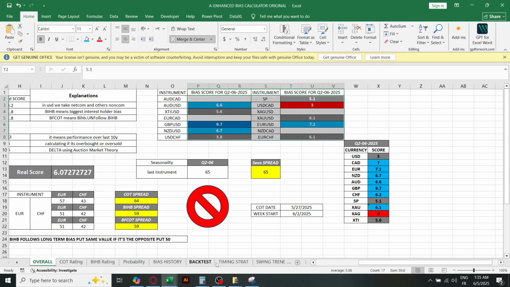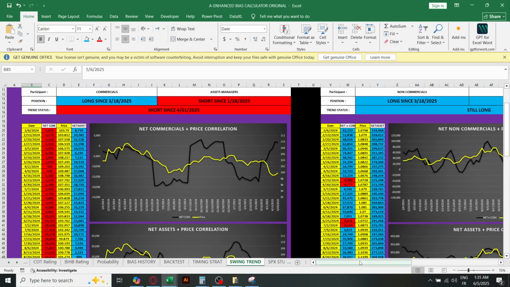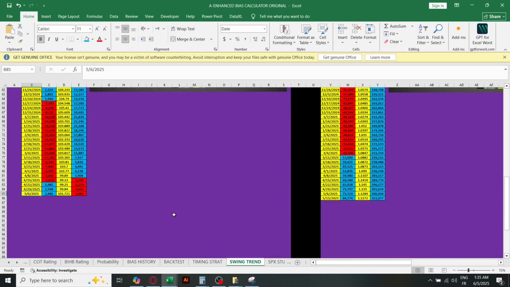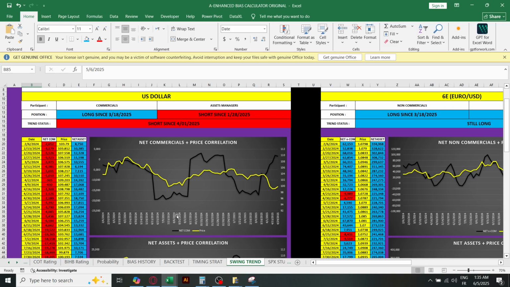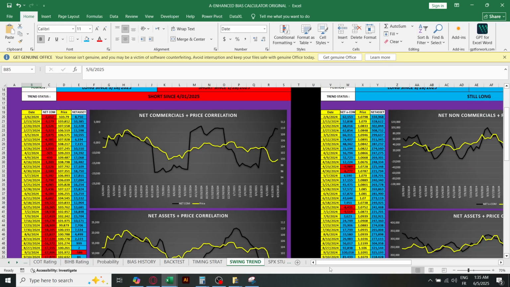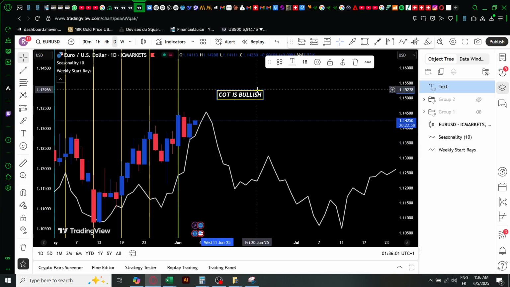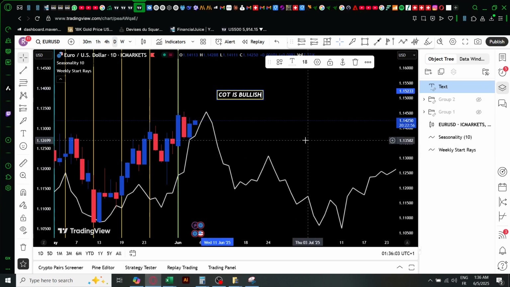I haven't updated those data for like 3 to 4 weeks. If I did, then I would show you here. This is the euro. It would be really better, but let's complete it without it. COT is bullish. Seasonality is also bullish.